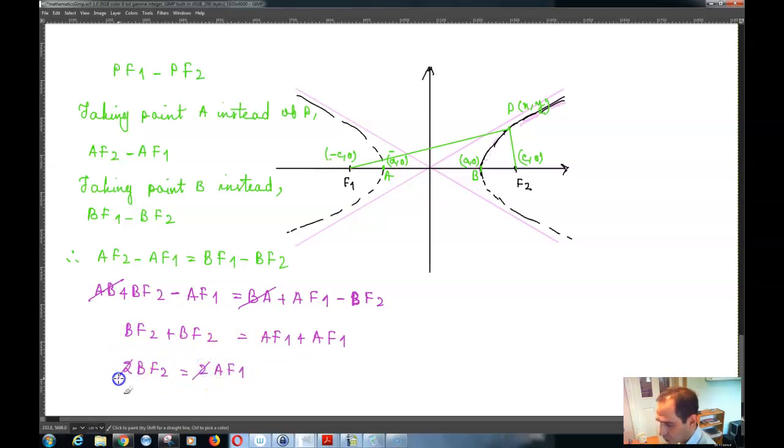The 2s cancel out, and that means BF2 is equal to AF1. This distance is equal to this distance over here. That's something that we can use later.